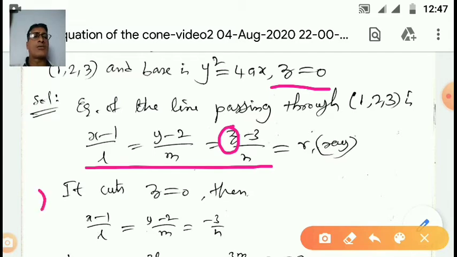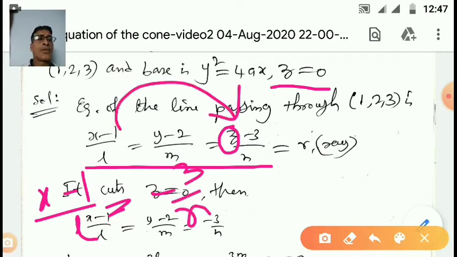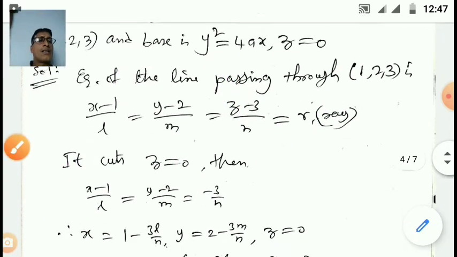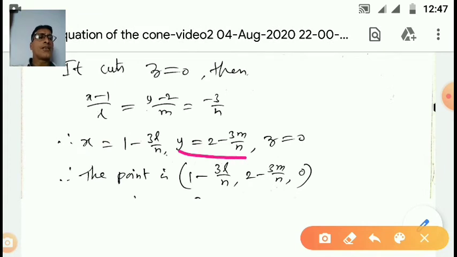Therefore, taking the first and last ratios, we have (x − 1)/l = −3/n. Therefore, x = 1 − 3l/n. In a similar way, we can write y = 2 − 3m/n and also z = 0.